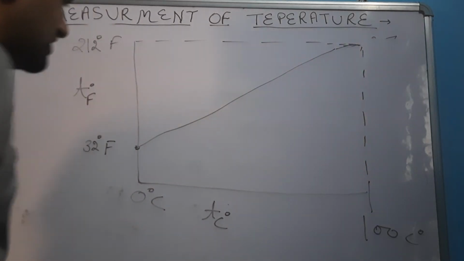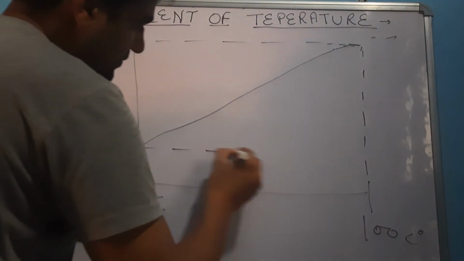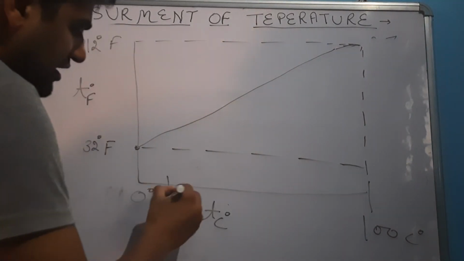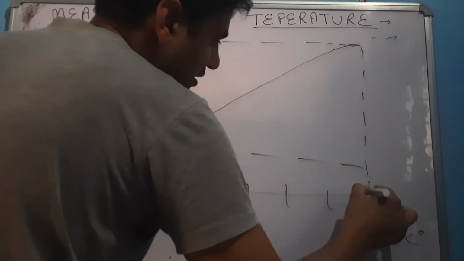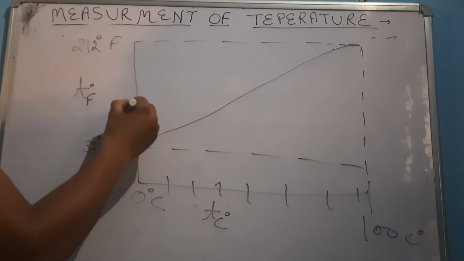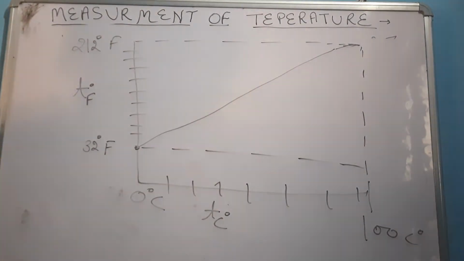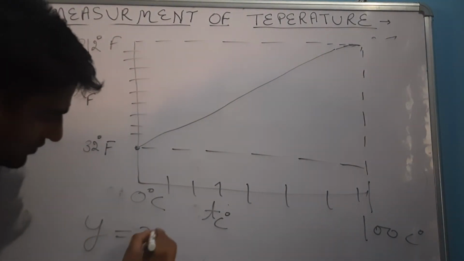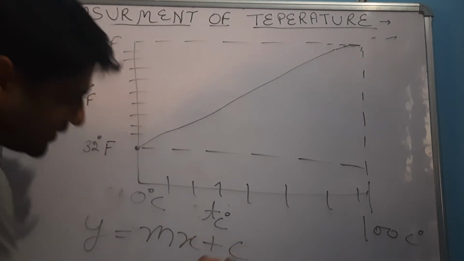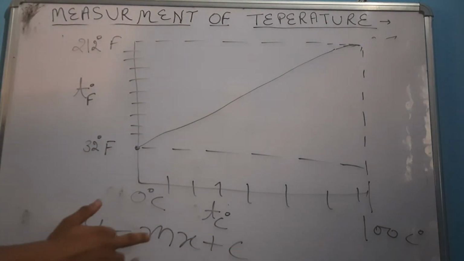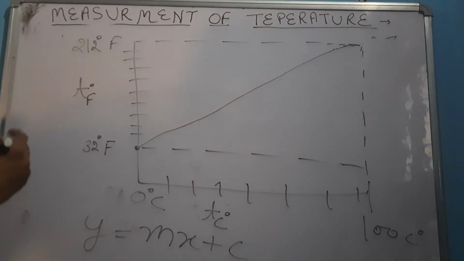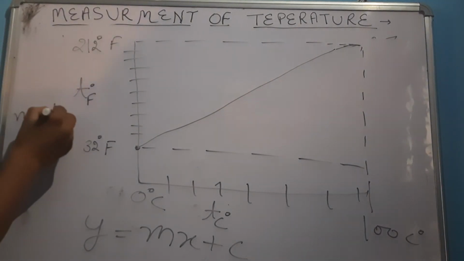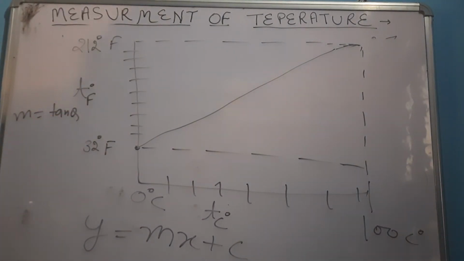This is a straight line graph. These are 100 divisions, and these are 180 divisions. So we will try to derive a relation. We will use the straight line formula y equals mx plus c. For that, first of all, we need to find m, that is the slope, which is equal to tan theta.